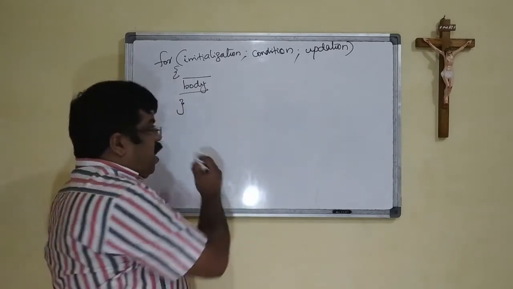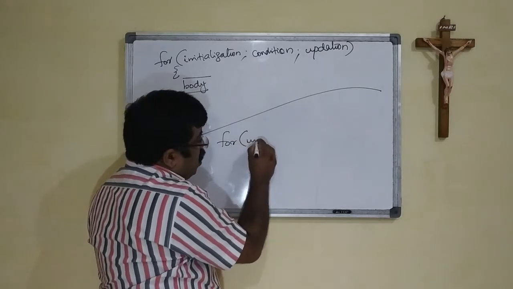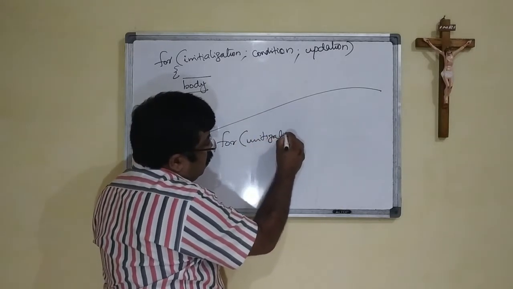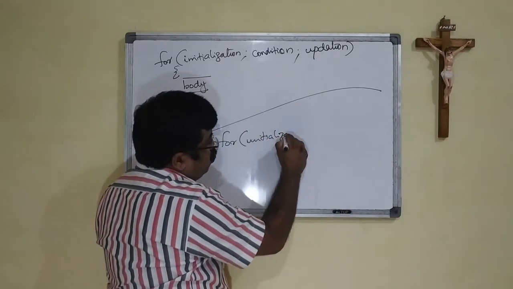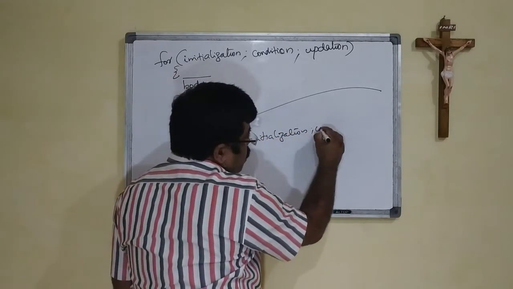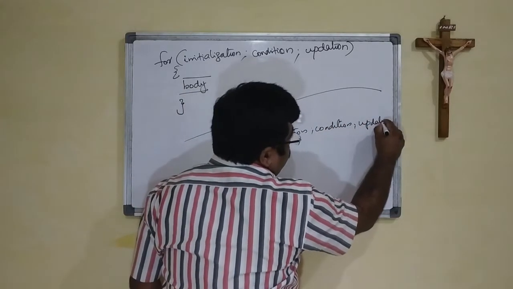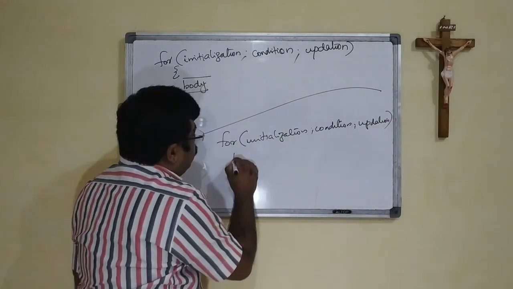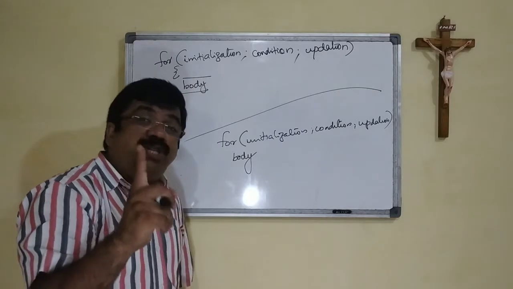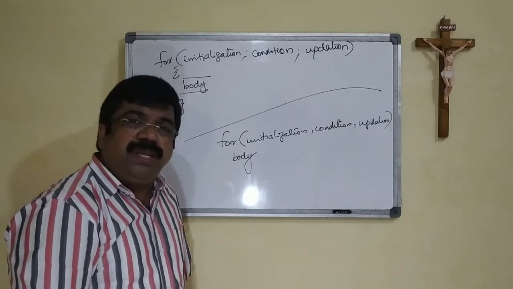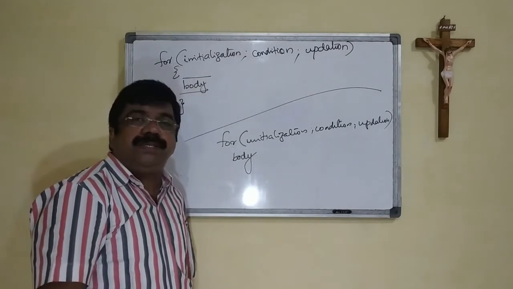In the simple way, we can write it as for initialization, condition, updation, and the body of the loop. If only one statement is to be executed, then we can avoid those curly braces.